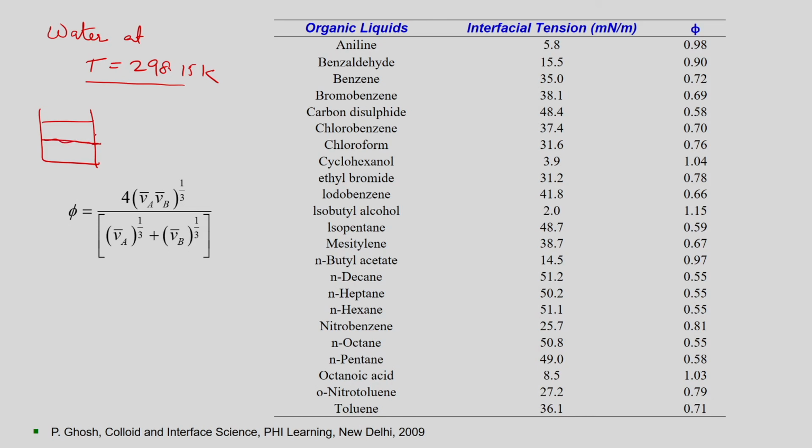The interfacial tension of these organic liquids with water is given in the second column. Now, see, the lesser the value, the higher will be the solubility. Hexanol is very low, aniline is low, alcohols are further low too. So, it means that isobutyl alcohol and water are miscible to a great extent. So, the work required to create an interface is very less.